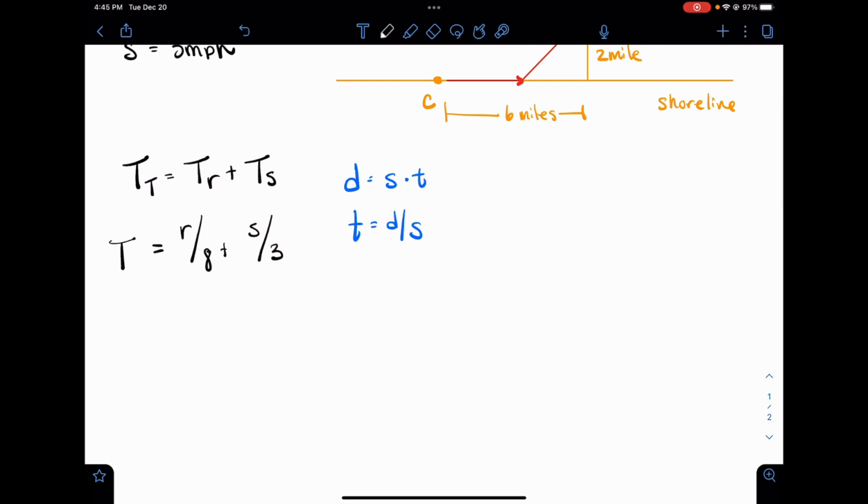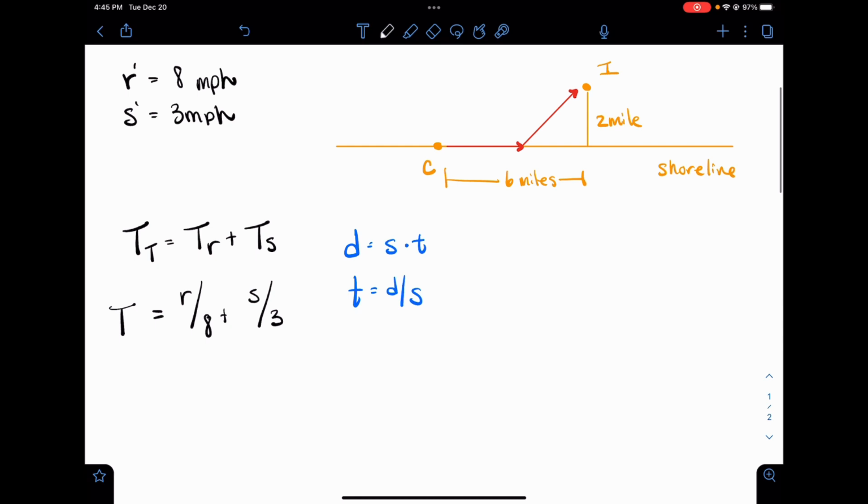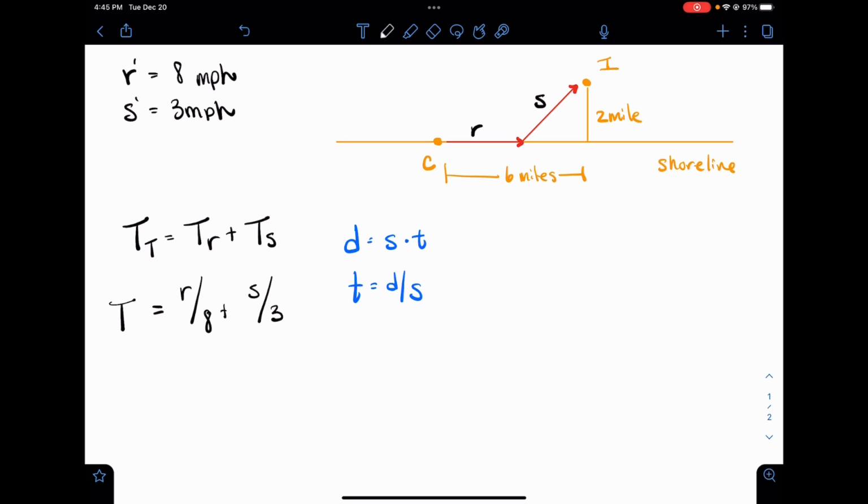Now we have an equation with two variables, and we somehow need to relate one of these variables back to and translate it into terms of the first variable so we can take a more simple derivative. We can do this because we can relate this distance R to this distance S through trigonometry. So we know that the x distance swimming is going to be some fraction of 6 miles, excuse me.